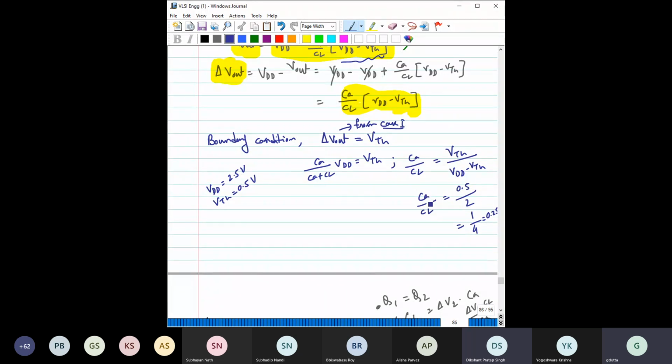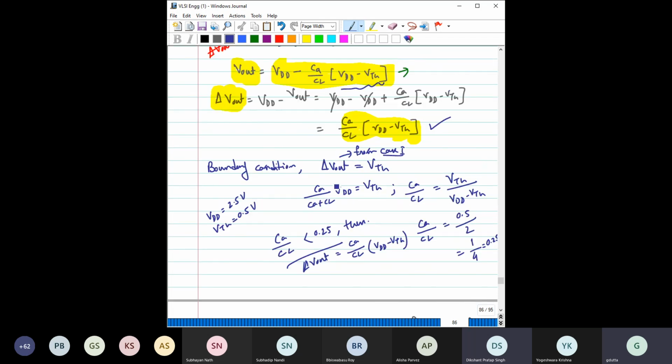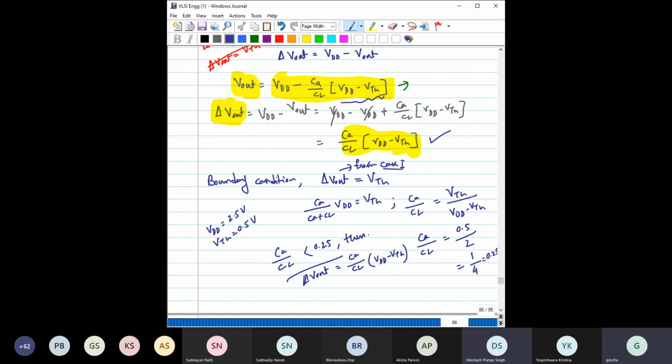So if this CA by CL ratio is smaller than 0.25, then delta V out would be equal to CA by CL into VDD minus VTH. Then this condition will happen, so this is basically case 2. Otherwise, case 1 will happen.